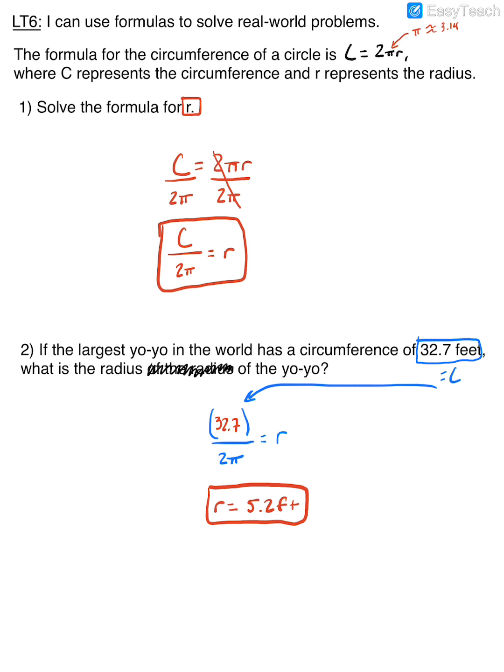One thing to keep in mind when you're doing this is that when you put this in the calculator, not putting parentheses around the 2 pi in the denominator makes it hard to get the correct answer. Okay, so just so you're aware, if you write it like this, your calculator sees this.